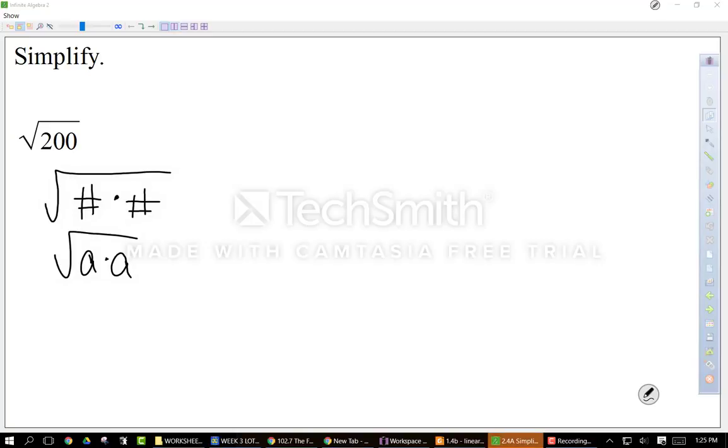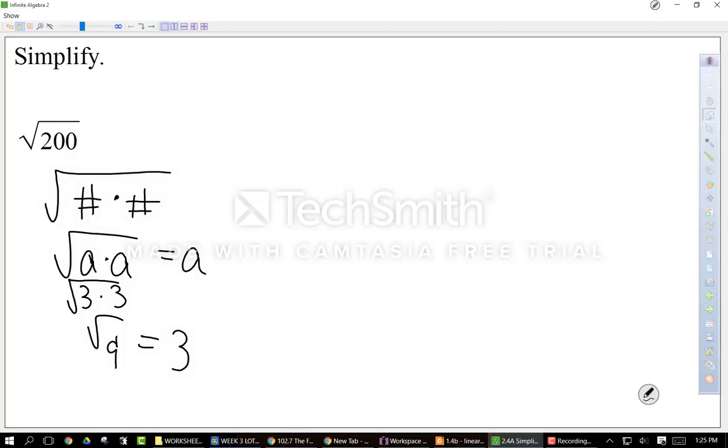It could be anything. When I take the square root of whatever a times a is, I'm always going to get a. So if a was 3 times 3, that's 9. So the square root of 9 is 3, just like I did it. Because 3 times 3 is 9, the square root of 9 is 3.